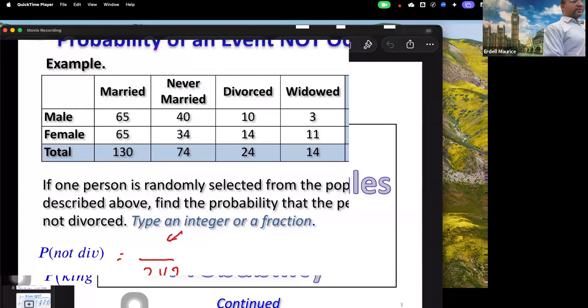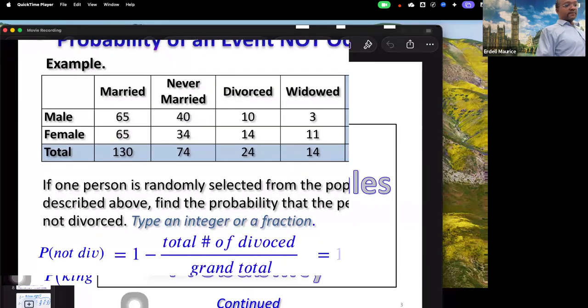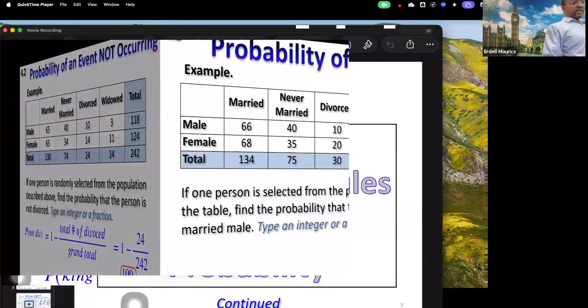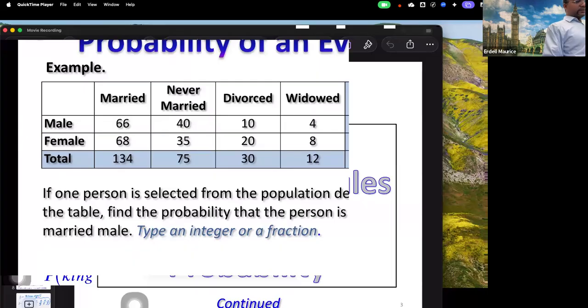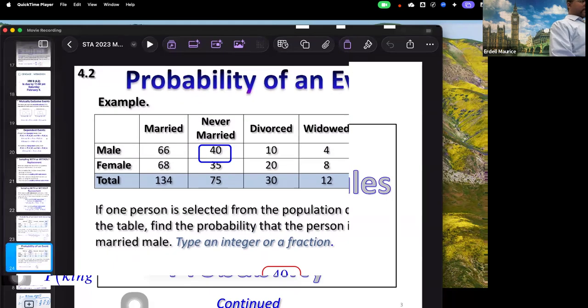So we have to take these people, and these people, and add them all together. So that's 218. Any questions there on the not part? All right, cool. I think that's it for us.